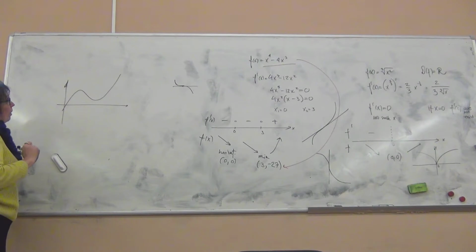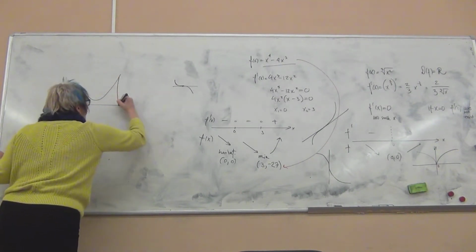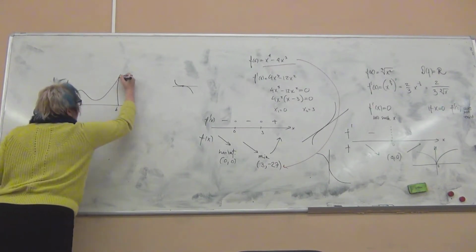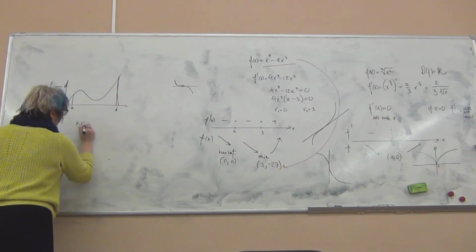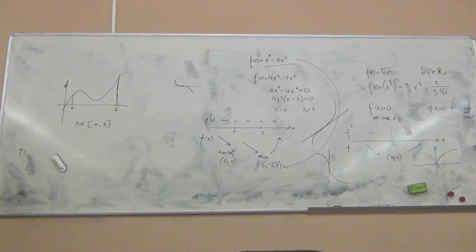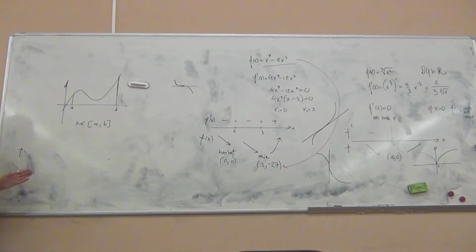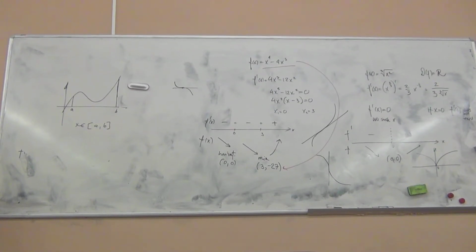But I could talk about some segment, and I might say, all right, I have this segment, x is between a and b, and I need to find the absolutely greatest and the absolutely least value of this function on that segment. For some reasons, it might be some methods of optimization, or perhaps linear programming or something. I simply need to find the greatest or the least value for this function.